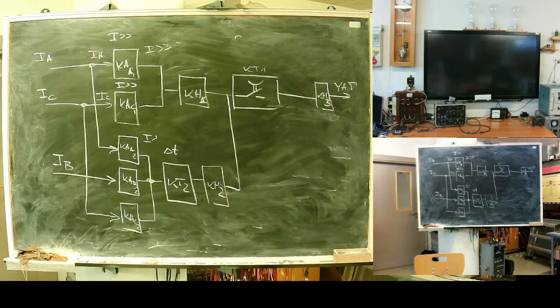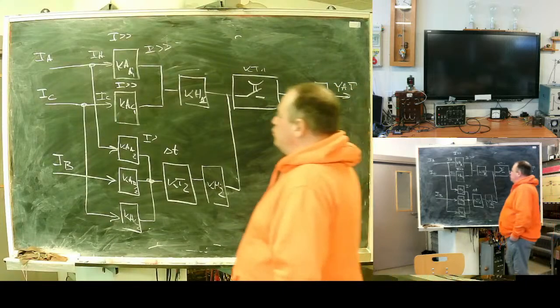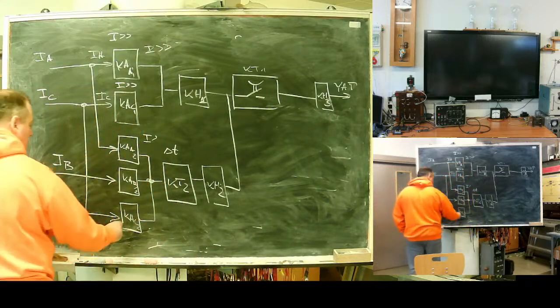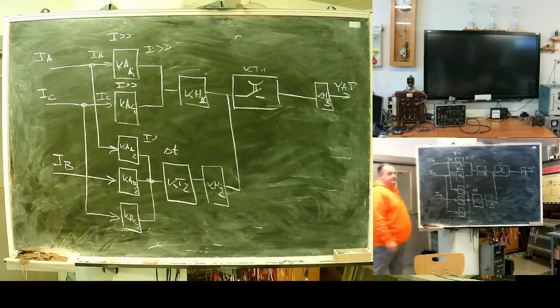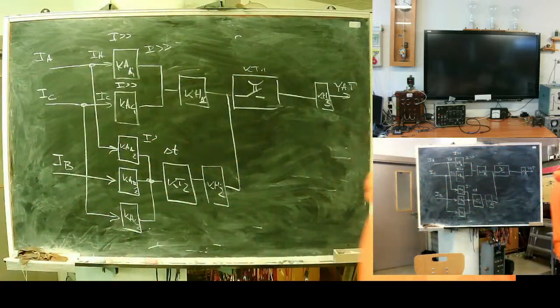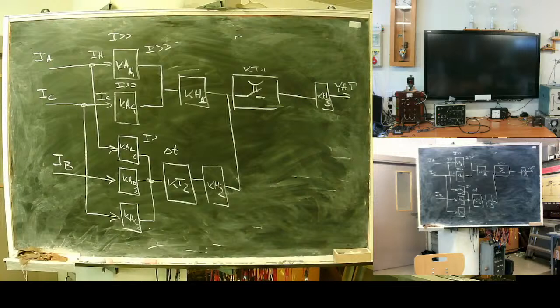One, two, three for the delayed zone: time delay, trip indicator, and output pulse circuit. Why do we have 2 relays here and 3 here? Why did the fathers do it this way?